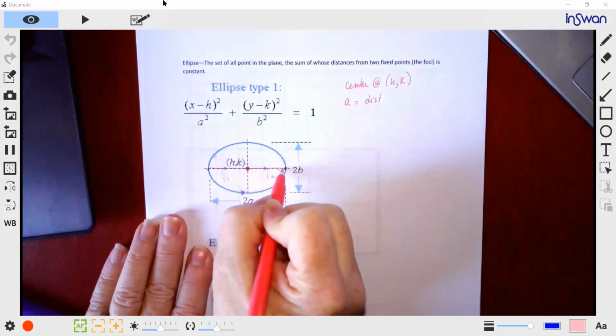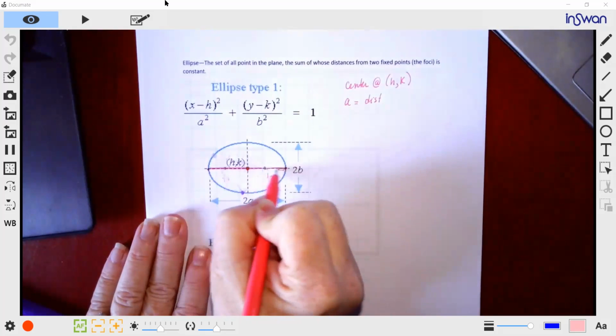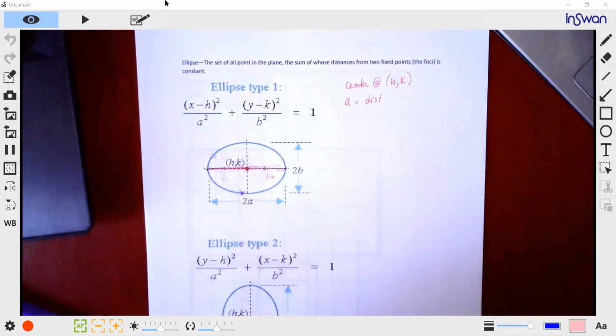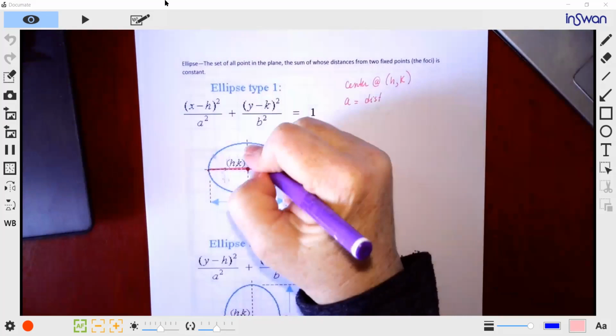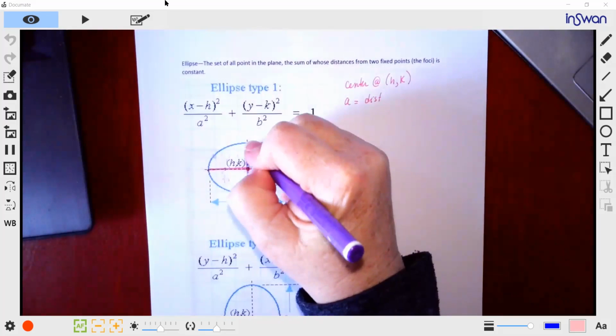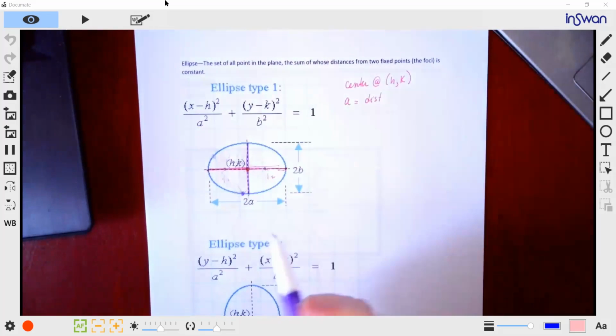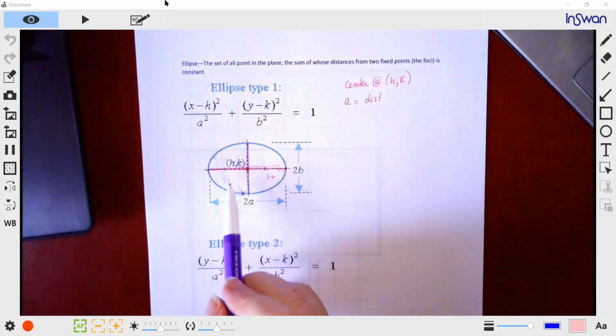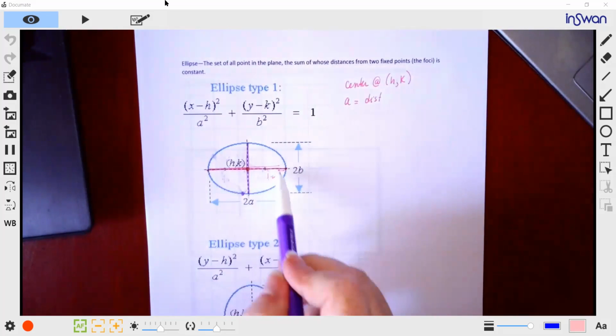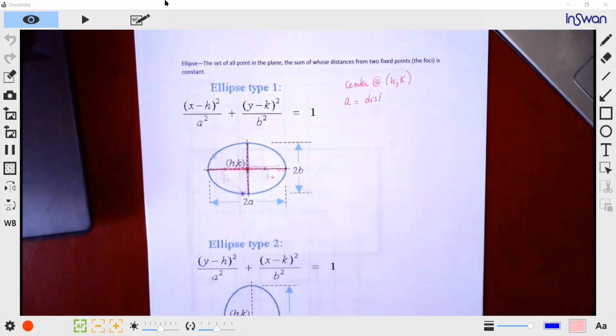Now, if you look at this axis right here, you'll notice that it is longer than this axis. These two axes basically divide your ellipse into 4 equal parts.